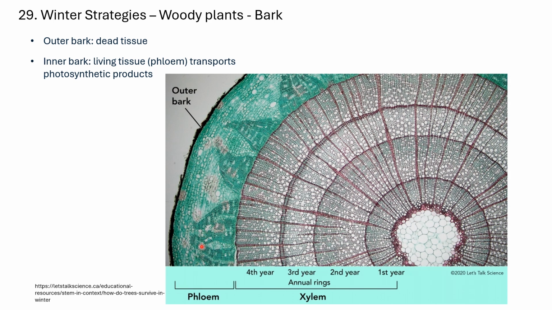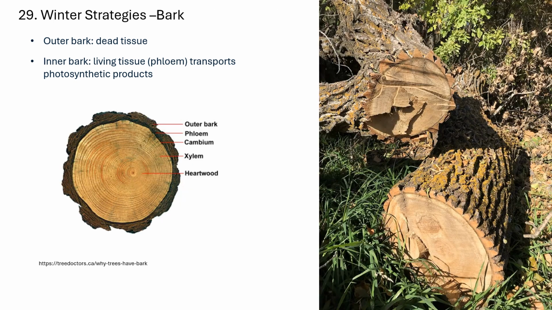So this inner portion is that vascular tissue called phloem, and the outer bark is what we're interested in now when we're thinking about maybe its insulative properties for trees.